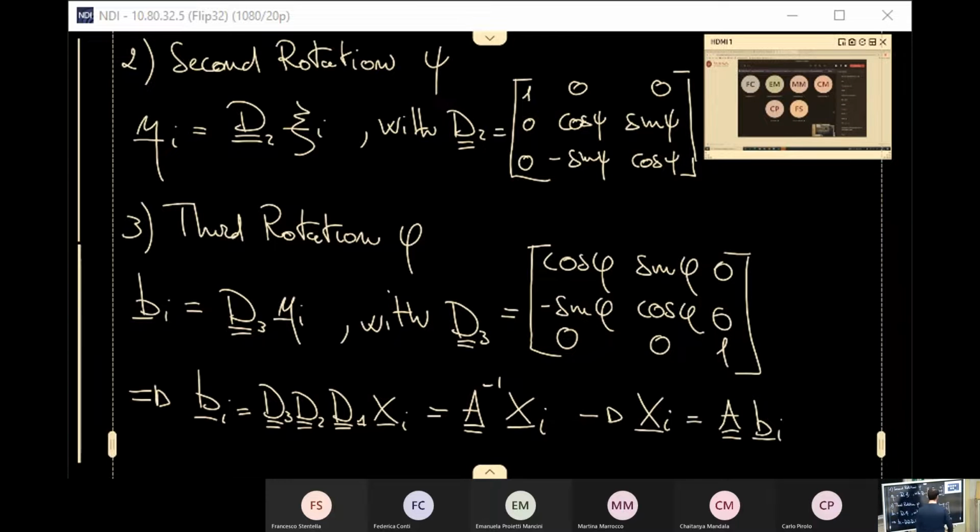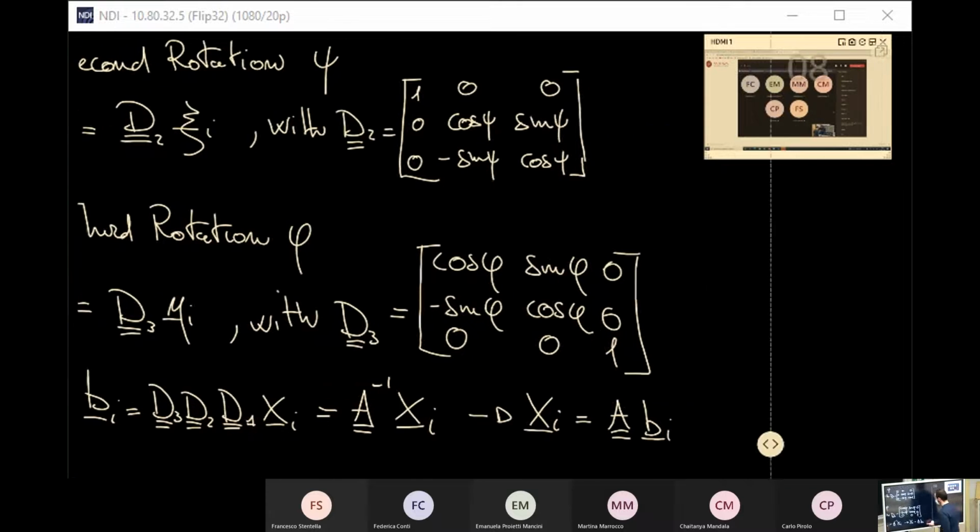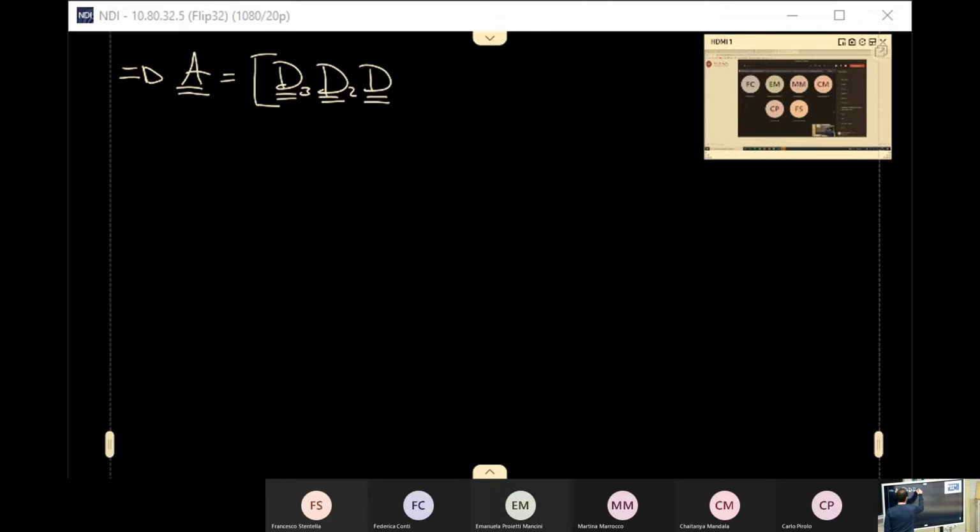So our A is what? It is D3 times D2 times D1, to the minus 1, right? From the previous formula. And this way we get the final A.